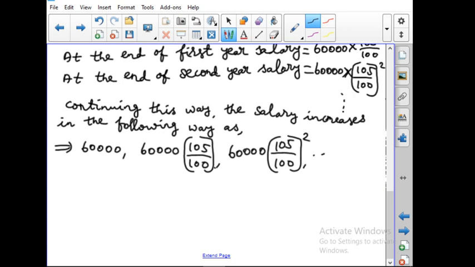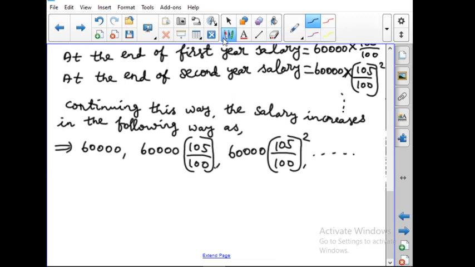You have to see here. We consider the first term as a. The terms are 105 by 100, 105 by 100 whole square, 105 by 100 whole power 3, like this. So the common ratio is T2 by T1. When we divide, we get 105 by 100. So the first term a equals 60,000.